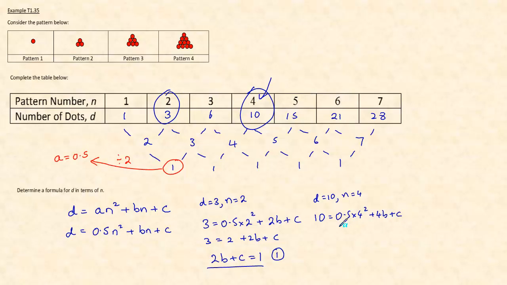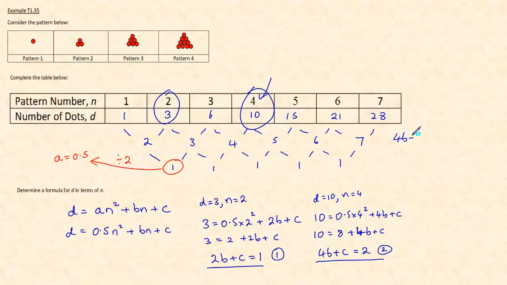So 4 squared is 16, half that is 8, so 10 is equal to 8 add 4b, add c, giving me 4b plus c is equal to 2. Call that equation 2. And here we have simultaneous equations.